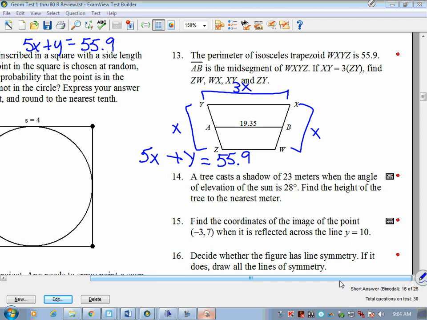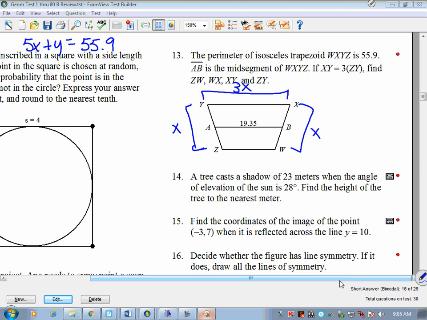What do we know about mid-segments? They would be the average of the top and the bottom, correct? Okay.